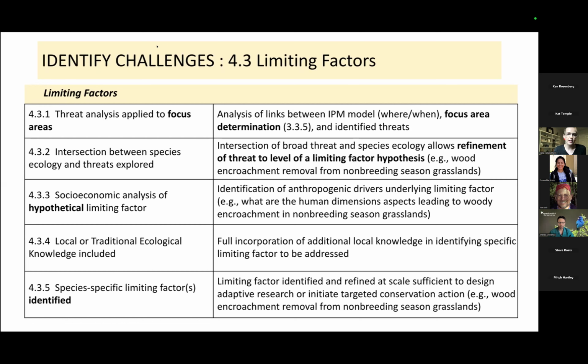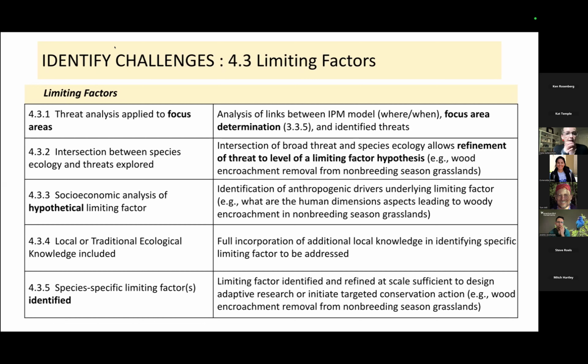So we talked about that last time, but if you missed that one, you can scroll back to the criteria there for focus areas. But that really concentrated on narrowing in on where we need to be prioritizing action for recovery and looking at how all of those things come together to be able to hypothesize a limiting factor, which is number 2 here, for the species.